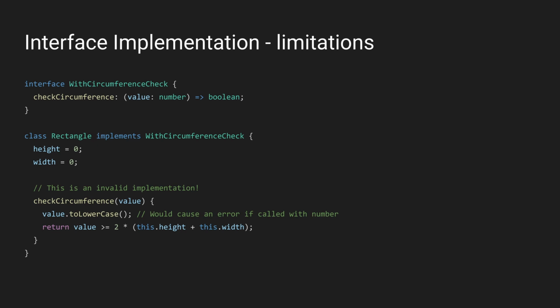It's not complaining, as the currently implemented method is of type value any into boolean, so it can accept a number as required by the interface. Let's fix it so we get safer code. The correct implementation should copy the function definition. We implement the interface properly by marking value as a number. Now TS will detect that we made a mistake inside our implementation.